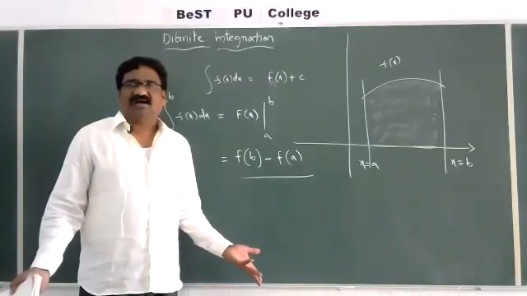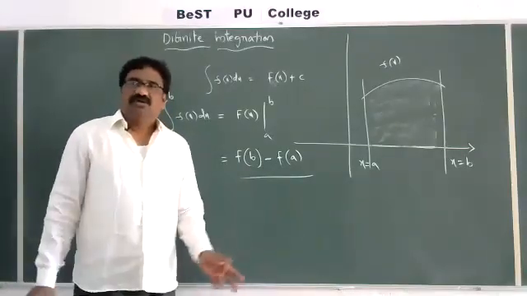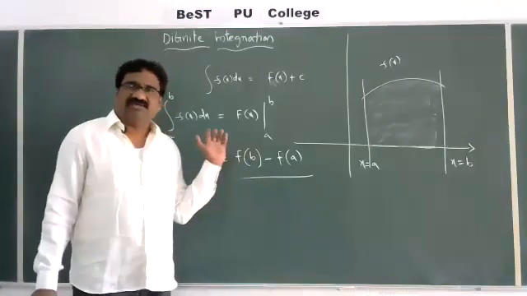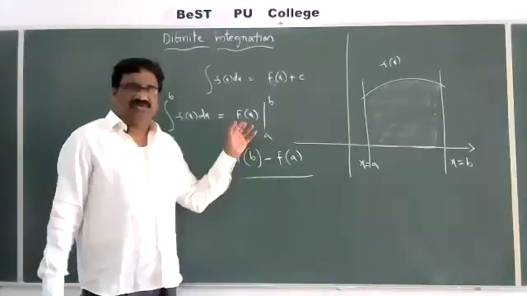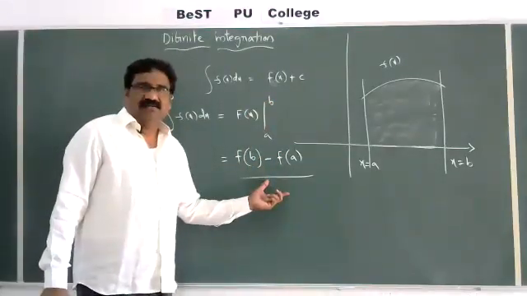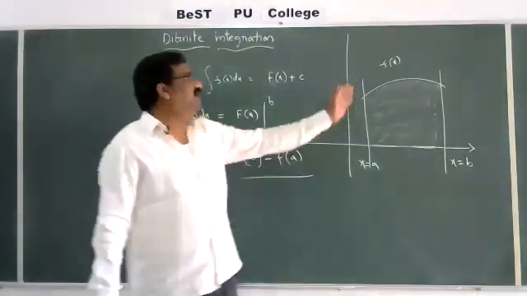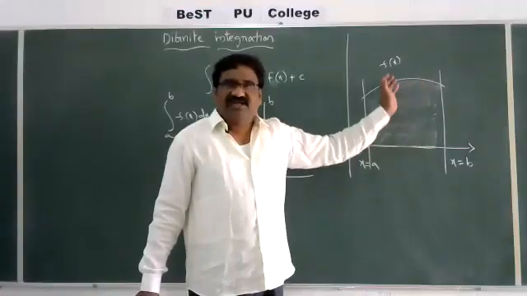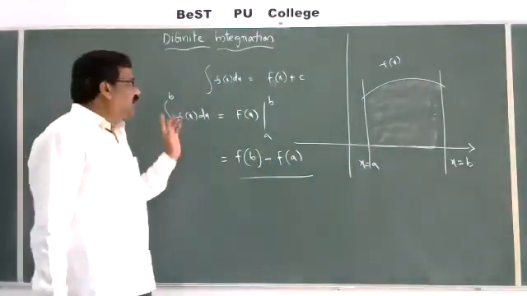You know all the methods from indefinite integration, you can use those methods. First you find the integration, then substitute the upper limit minus the lower limit. So you get the numerical value. That numerical value is nothing but the area of the given function between these two intervals.